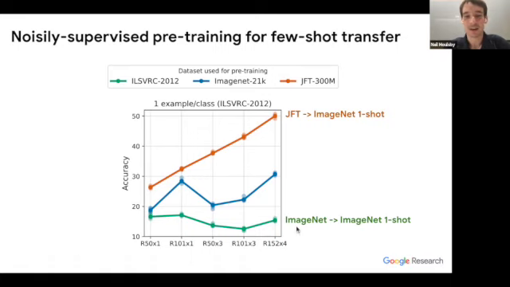Regardless of the architecture size, transferring ImageNet to ImageNet doesn't ever get better than 20%. It's not able to relearn the head on one image per class. But if one pre-trains on JFT and the architecture size goes up, the one-shot performance goes up to like 50%. So it's very important that the representations are good, but it's not a matter of having perfect domain overlap. It's really the data scale that is moving the needle.